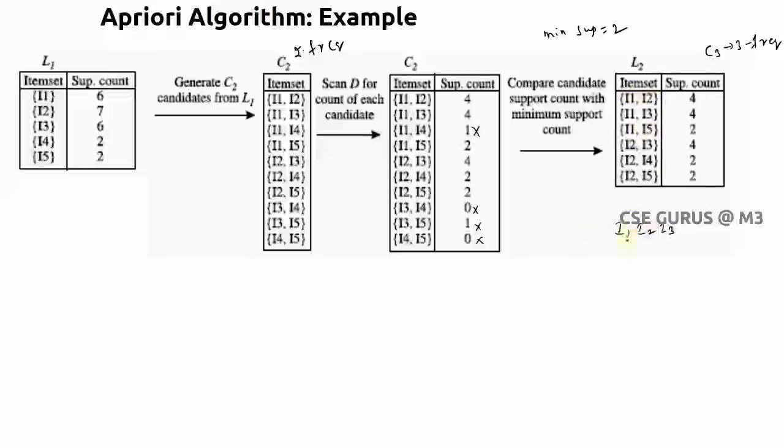This is one join. I1 I2, I1 I5, can I write it as I1 I2 I5? I1 I2, I2 I3, can I write it as I1 I2 I3? Already written. I1 I2, I2 I4, can I write it as I1 I2 I4? Like this we need to write; I1 I2, I2 I5, if I consider.